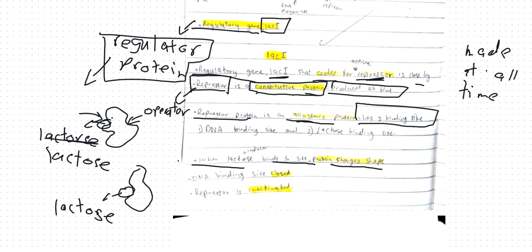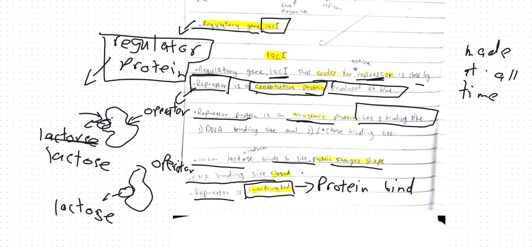The protein can then no longer bind to the operator. Since the binding site for the operator is changed, the operator cannot bind to this repressor protein. So when lactose binds to the protein, the operator binding site is closed, and the repressor protein is now inactivated. What does inactivated mean? Inactivated basically means that the repressor protein cannot bind to the operator.